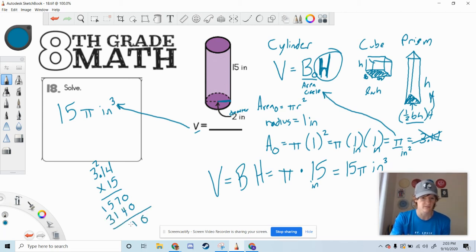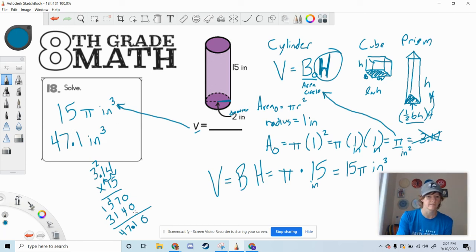I've got 0, 11, 7, and 4. Move my decimal point over 2 spots. That's right there, and that is about what 15 times 3 is. 15 times 3 is 45. So we could have also written about 47.1 inches to the third as well. If we were rounding to the nearest tenth, this would be good.